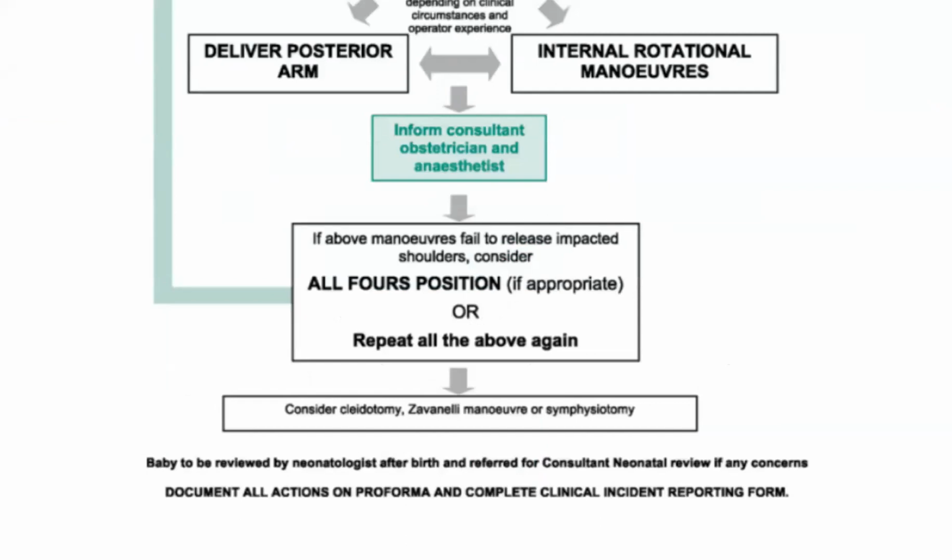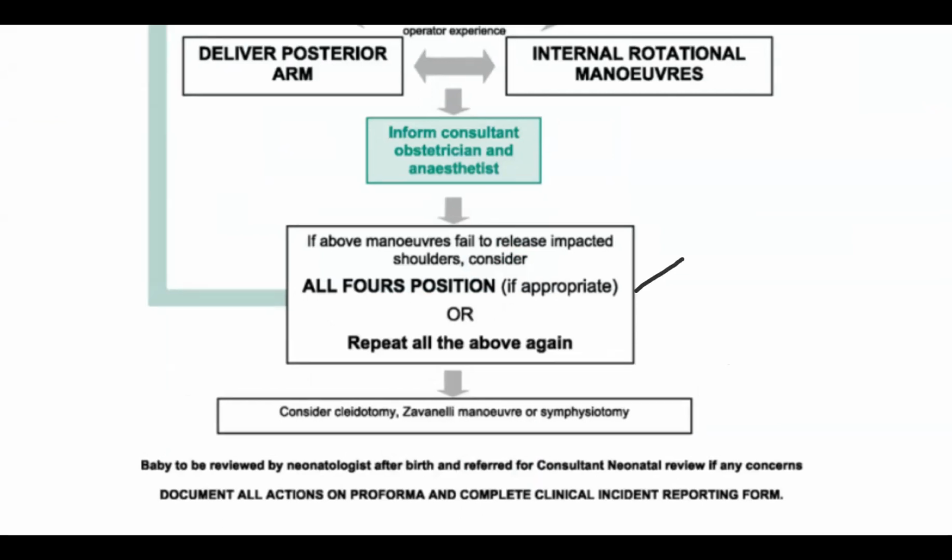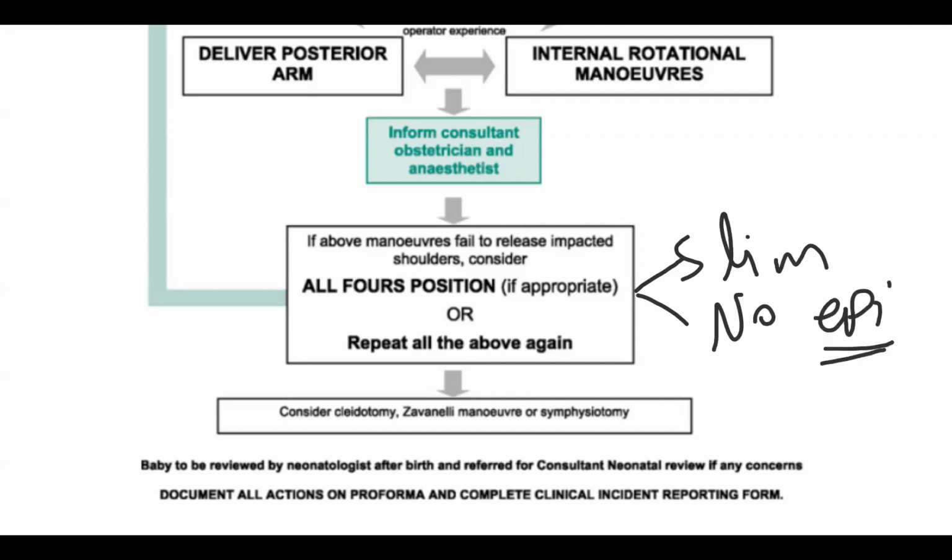For the all four position, I need two things here: that the mother is slim and no epidural. So if the mother is on epidural anesthesia, she cannot be on all four position. Okay? If failed, I will repeat all the above.